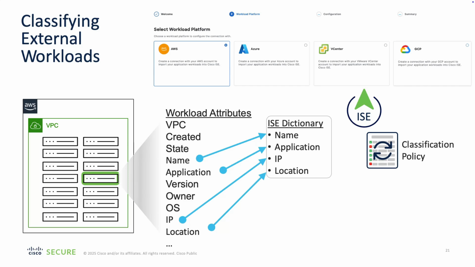And the policy is what we want to really classify these workloads. So we want to learn the IP address, and using the attributes, we want to use them to associate the learned IP address of a workload to a group.